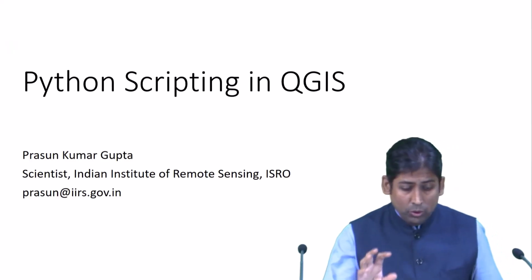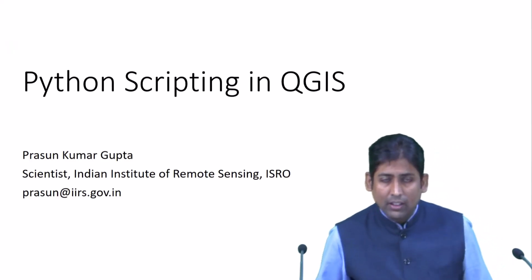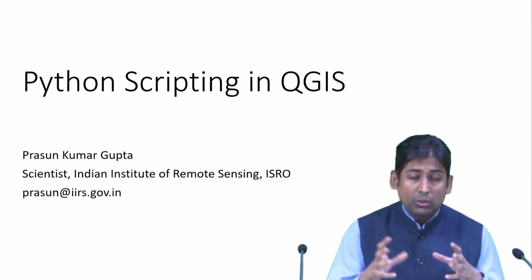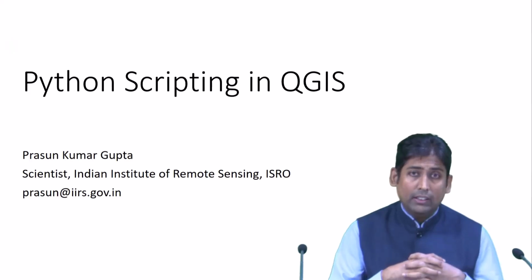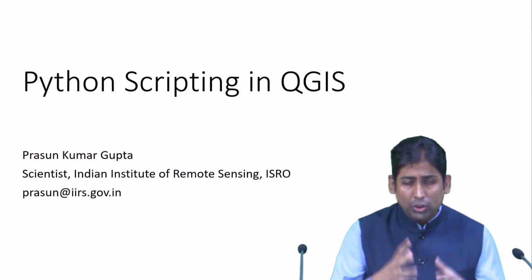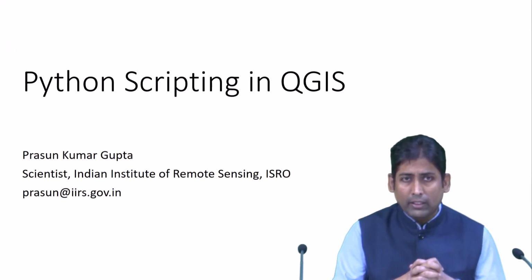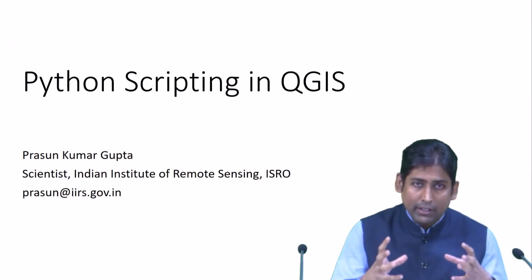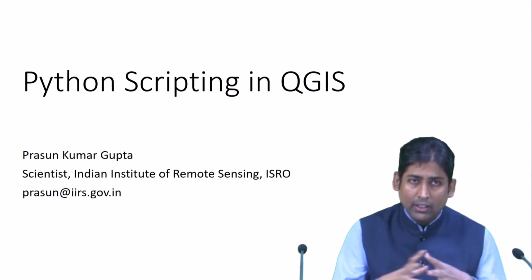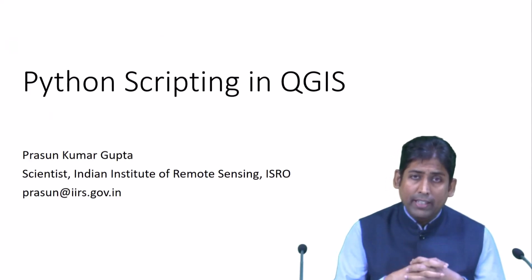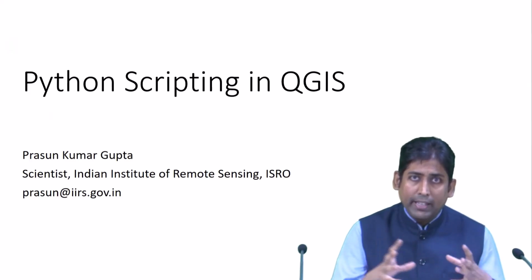Okay, so we are going to do three small exercises on how to use Python inside QGIS. Let me tell you, this is not exhaustive. There are several other ways you could use Python inside QGIS. Most people use the Python QGIS library. It is called PyQGIS. There are many websites and books where you will find details about the PyQGIS library.